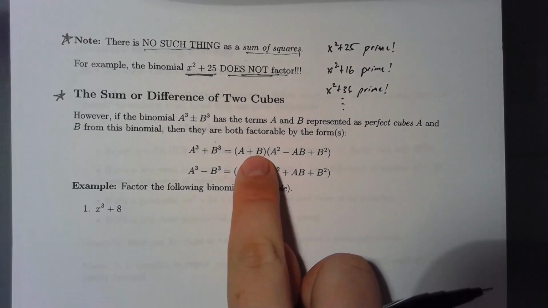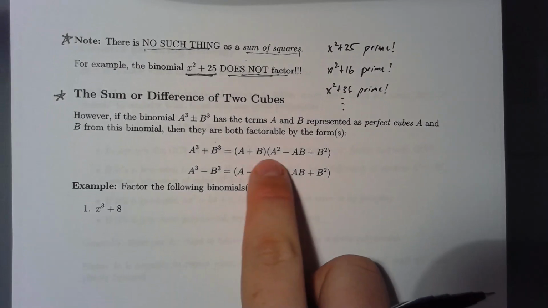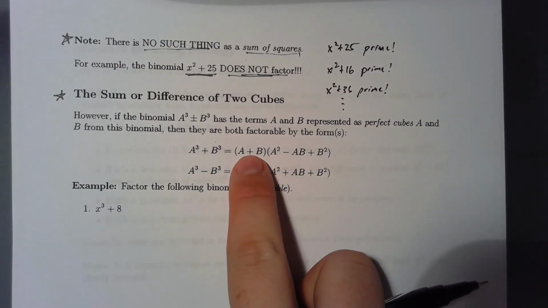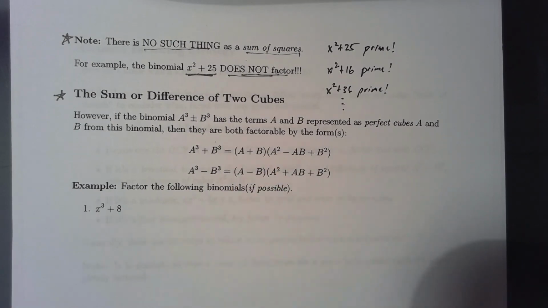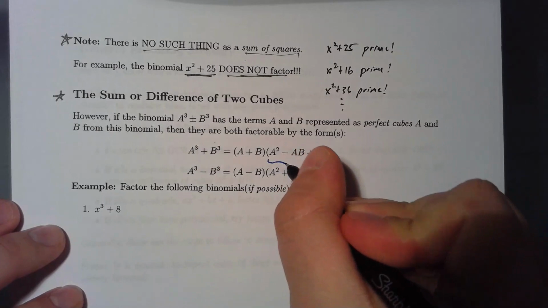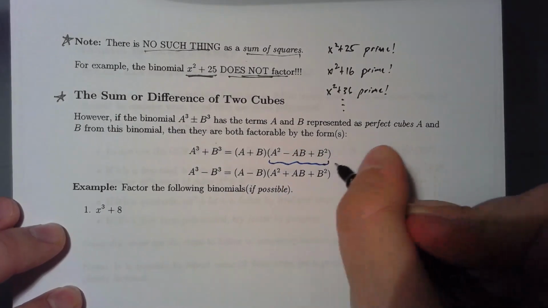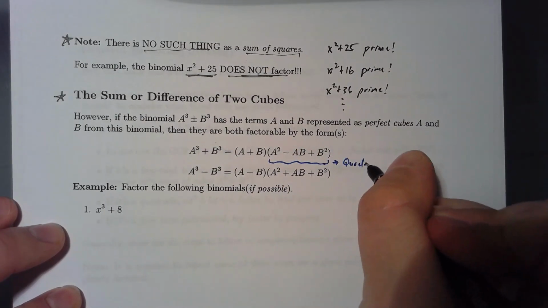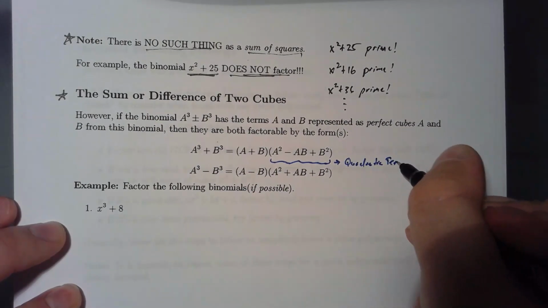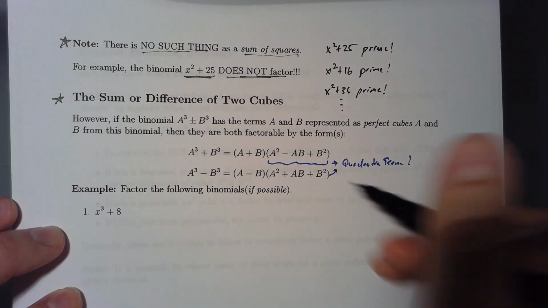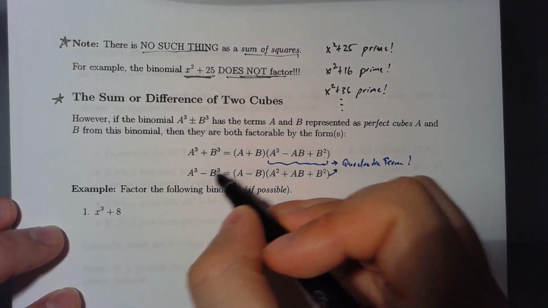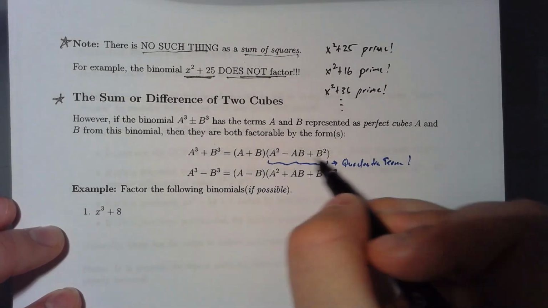And they factor to the following terms. So I get a binomial and a quadratic term. That's what this is right here. This right here, that's a quadratic term. In both cases, if you have a sum or a difference of a cube, you're going to get a binomial and a quadratic term.